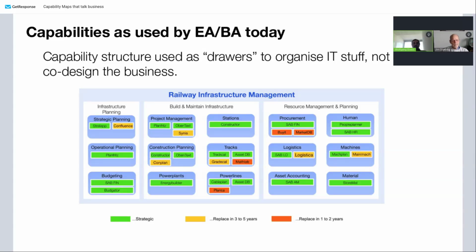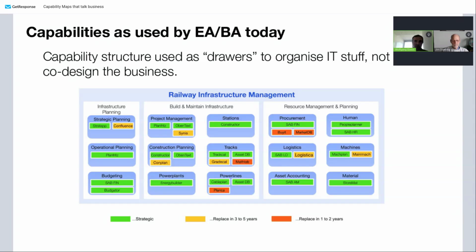What's the situation with business capabilities as used by enterprise or business architects today? You all know the organizations and think tanks like Gartner Group, Business Architecture Guild, and TOGAF; they all use the capability concept. But those communities still come more from the IT direction.